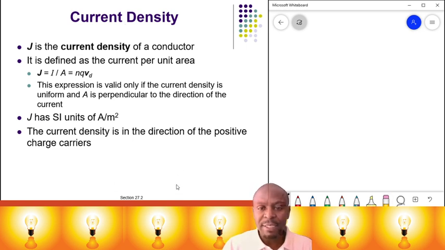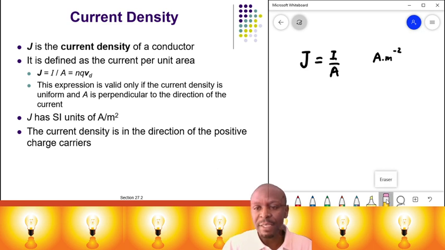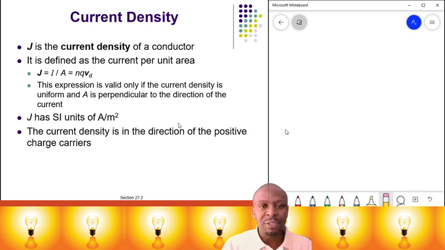Current density J is just given as the current divided by A. The units for the current density are amperes per meter squared. That is the definition of the current density in short.